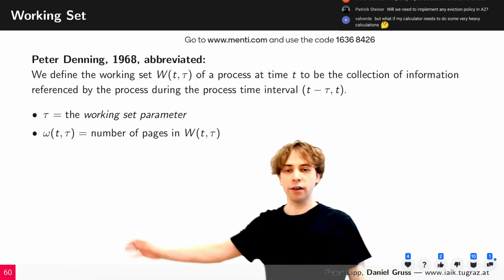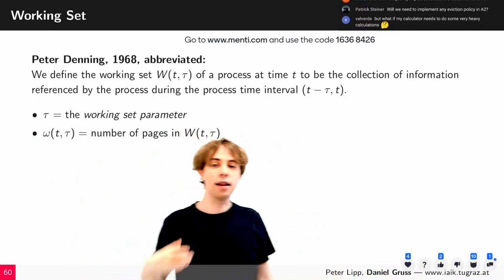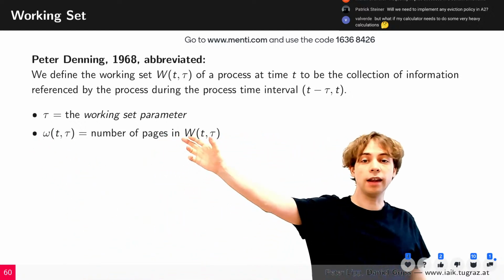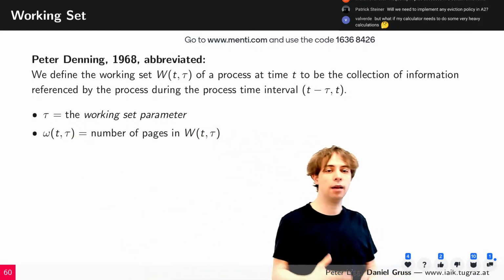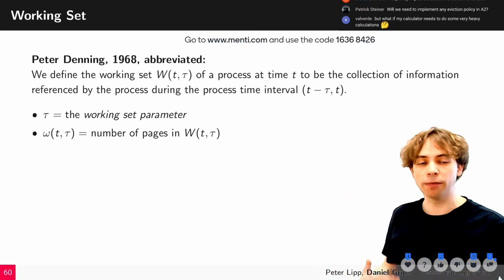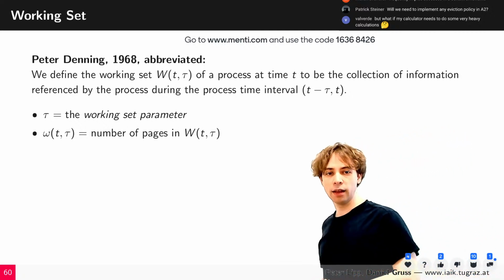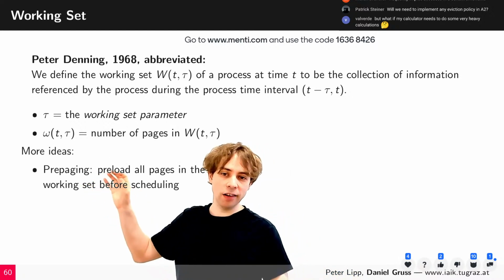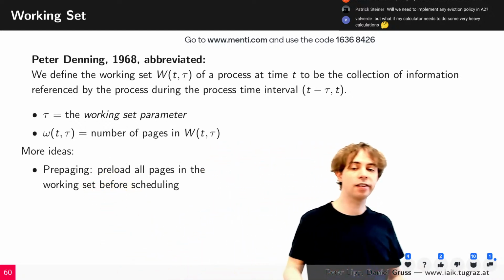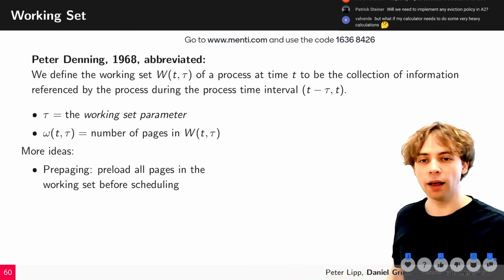Then we also have a function omega(t, tau). That's the number of pages in this working set, not the actual pages, but just the number of pages. And a lot of ideas were derived from this working set idea. Most of these ideas were focused on pre-paging, so you would preload all the pages that are in the working set before scheduling.